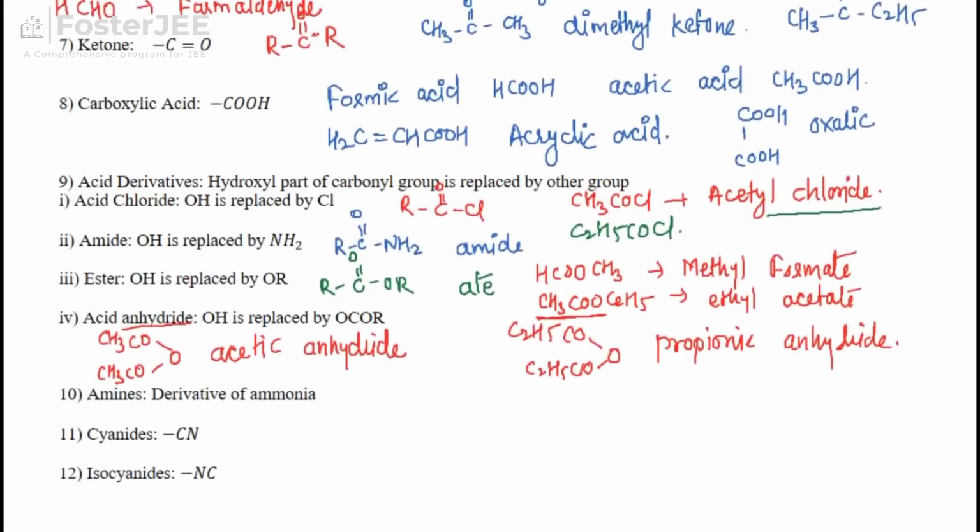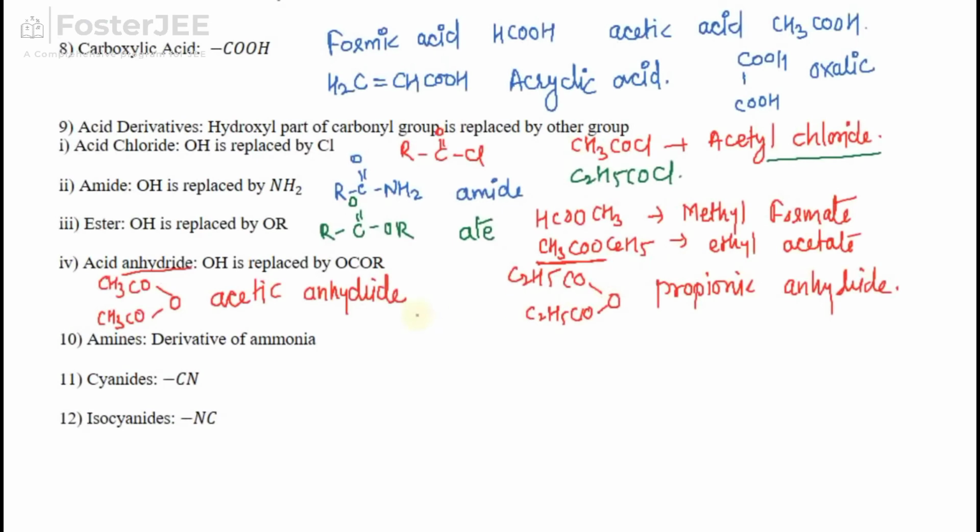Now the next category is amine. Amines are the derivatives of ammonia. These are obtained by the replacement of one hydrogen atom of ammonia by an alkyl group. The formula for ammonia is NH3.